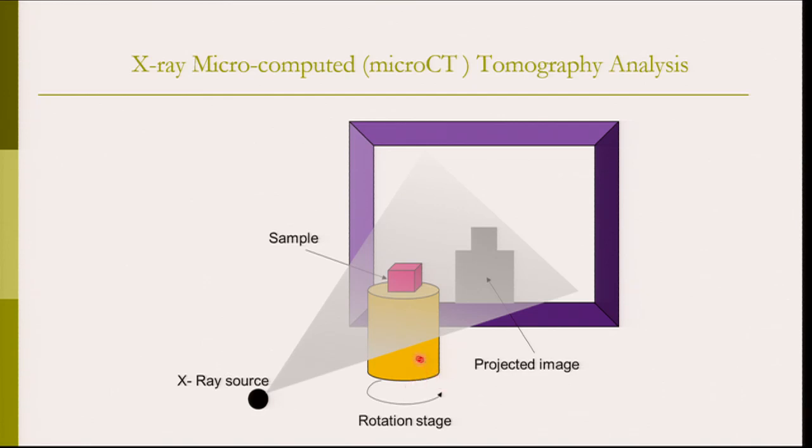Once you start rotating this object, the image would be projected behind it, and if you collect all these images while the rotation is taking place, you can reconstruct the three-dimensional object. So, by taking the projected images on two-dimensional sections and recombining them, we make use of the basic principles of stereology to form a three-dimensional object.